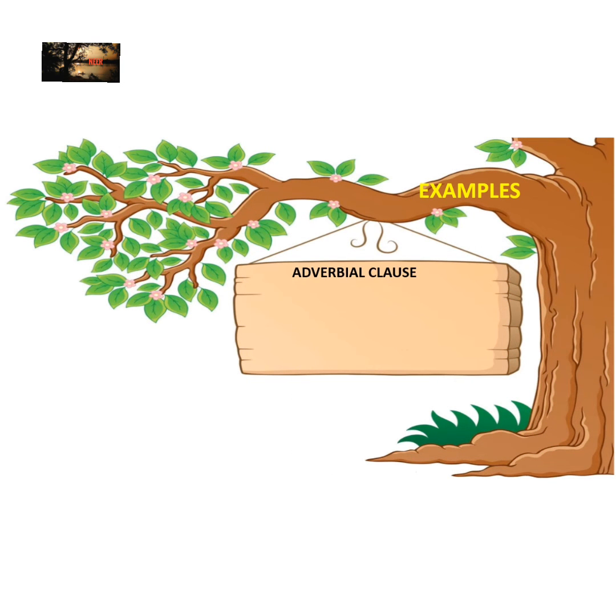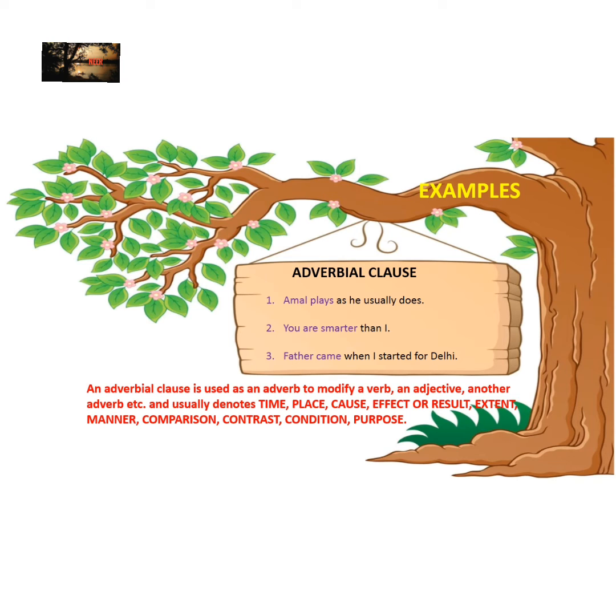Now let's see the next one, that is adverbial clause. Check the black part of these sentences. These are as he usually does, than I, when I started from Delhi. If you see the work of an adverb, then you can relate it.